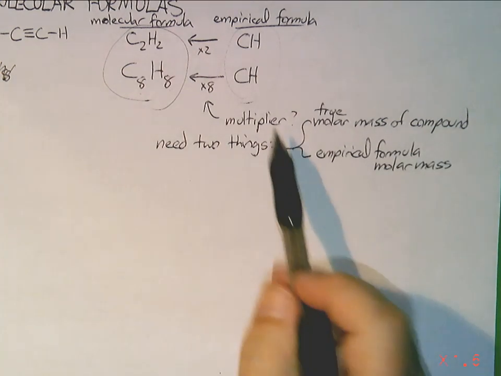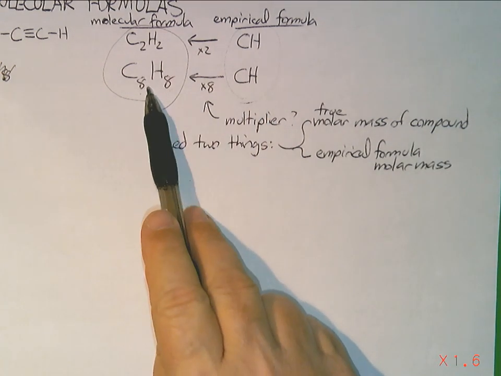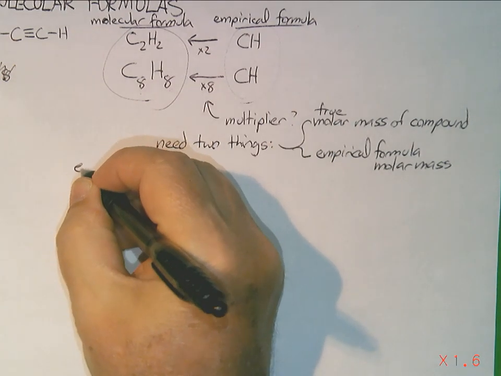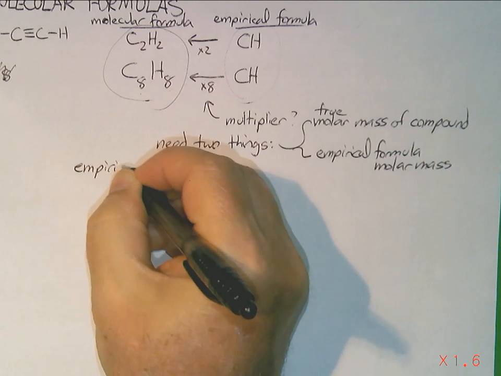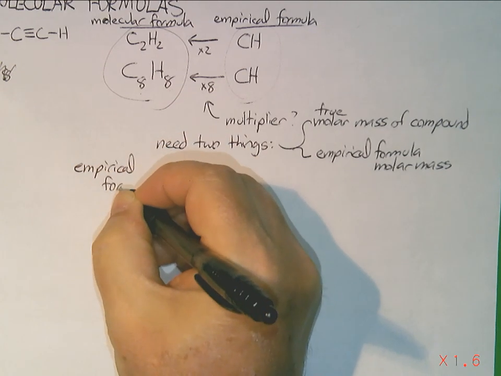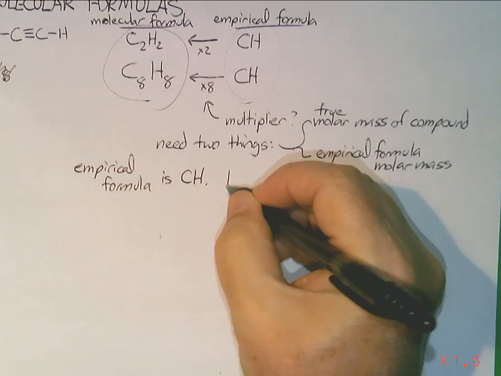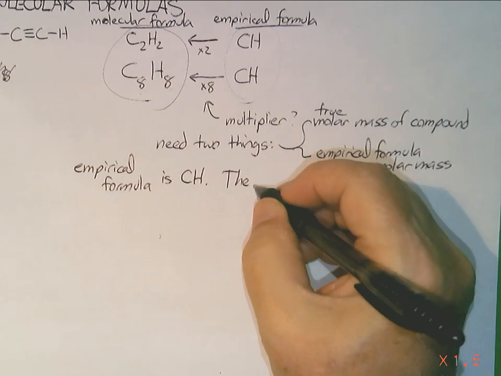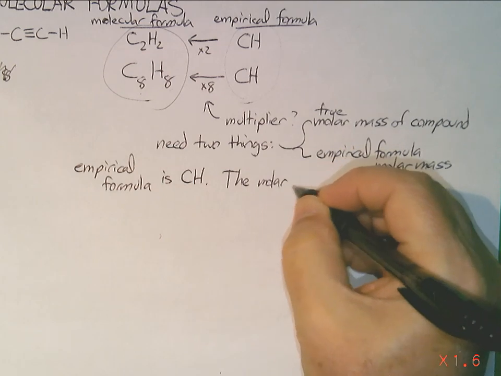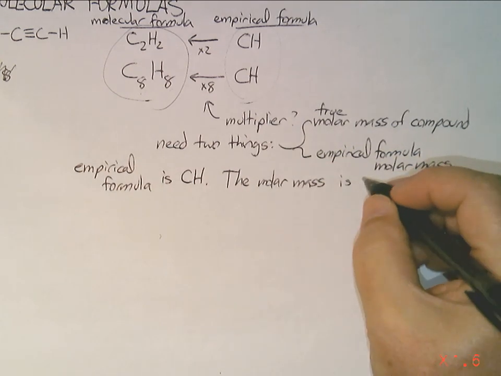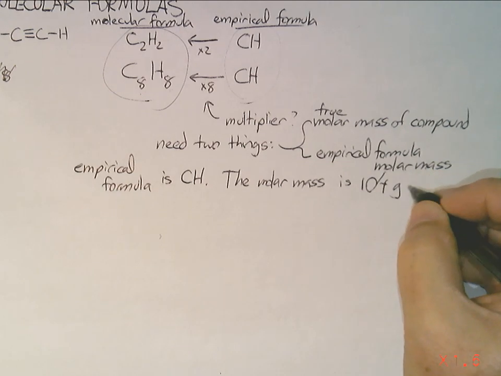So let's figure out what we would do if someone gave us a problem like this. The empirical formula they're going to tell us is CH. The molar mass is found in an experiment to be 104 grams per mole.